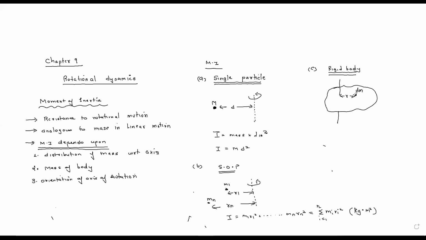For this small particle, the moment of inertia will be dm into r square. But since I need it for the rigid body, I'll integrate this whole equation. So I will be the integration of dm r square over the whole rigid body. This is the method of how you do it.